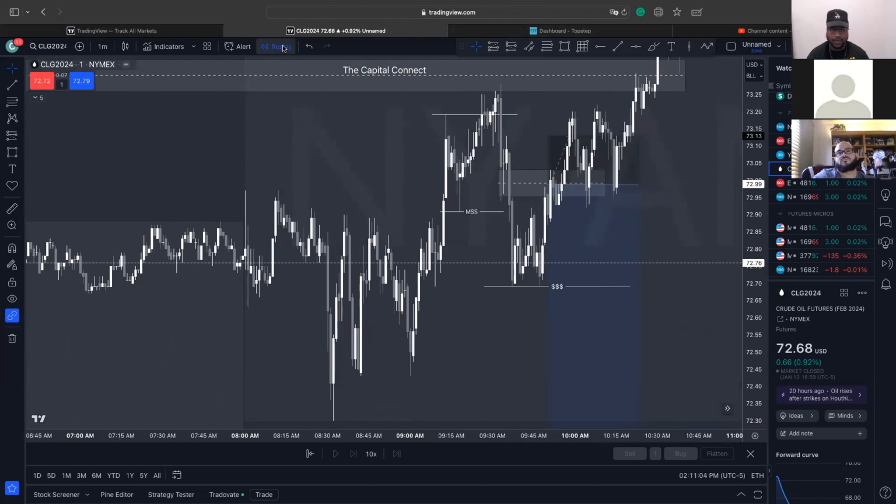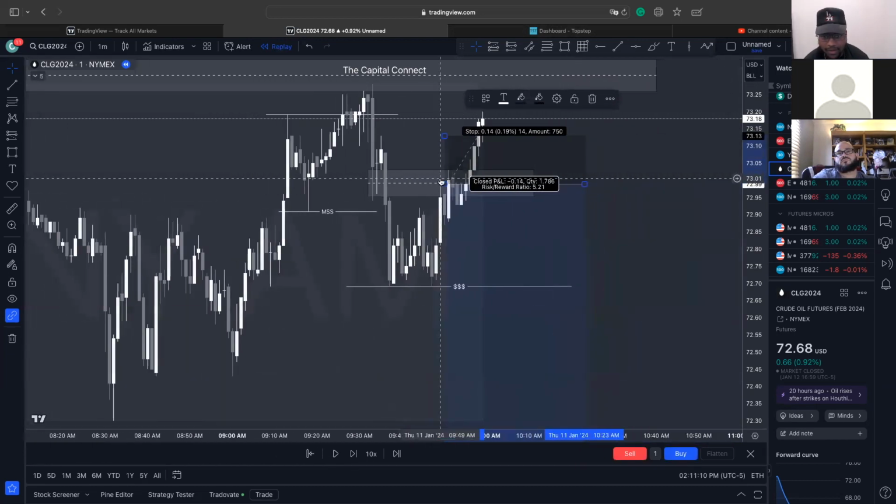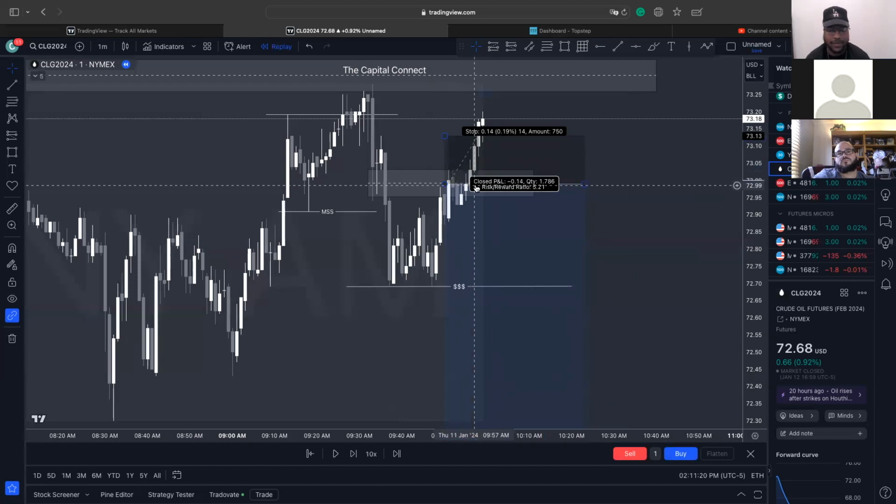But I closed it on this. Let me just go in replay mode and make it easier to see. The candle I closed it on, it wasn't on none of these candles. I closed it on this bullish candle right before this last candle that took out my stop loss. And the only reason I did that was because that was a strong bullish candle. There was no selling in this candle whatsoever. It was only bullish momentum in that candle.